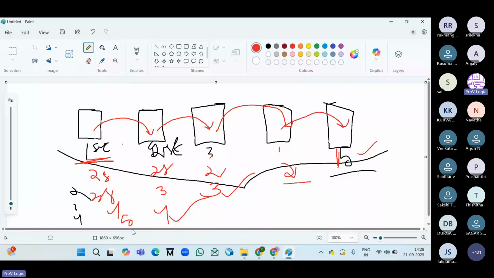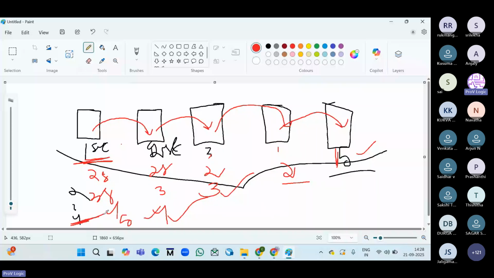Before, in non-pipeline, to complete four instructions it took 20 cycles, 20 seconds for example. But now, in 20 seconds, we can pipeline 10 to 15 instructions. So that is the pipeline: the execution speed will be high. Did you understand, everyone?